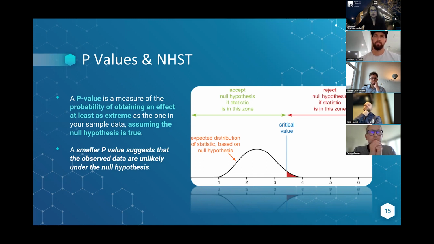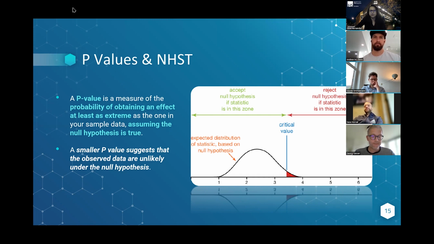And maybe you already know that a small p-value is often used to prove that the null hypothesis is not true, and then we have to accept the alternative hypothesis because the result that we are seeing is so extreme that it is unlikely that we see it if the null hypothesis is true.